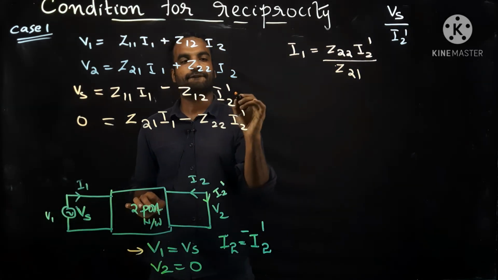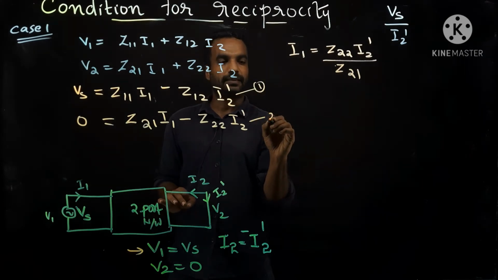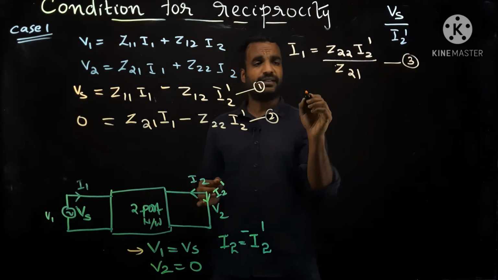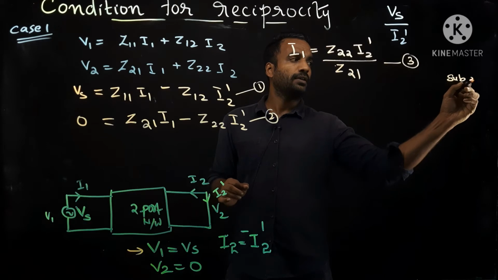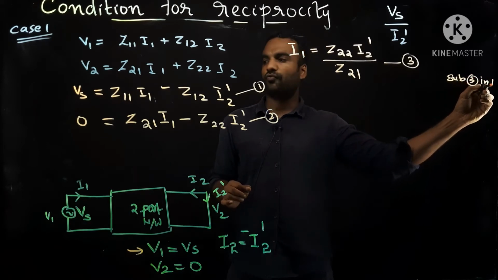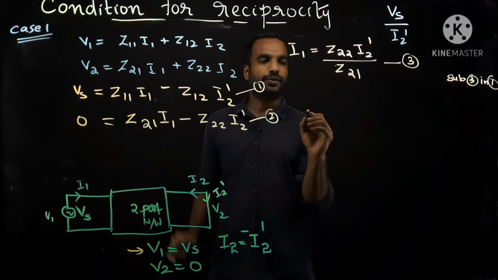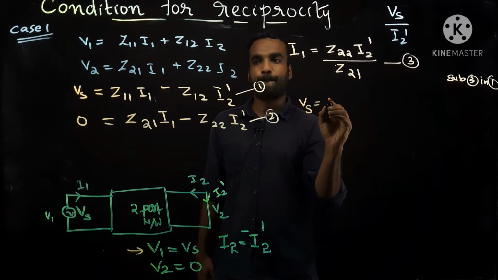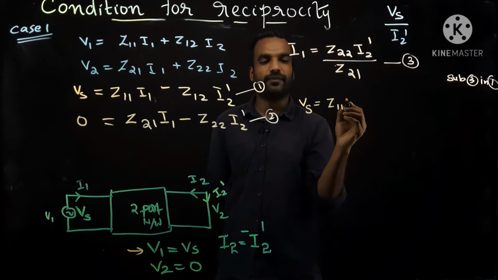Suppose this is the first equation, this is the second equation, this is the third equation. You need to substitute 3 in 1. Then what will you get? 3 in 1. You will get Vs is equal to Z11 into this I1.